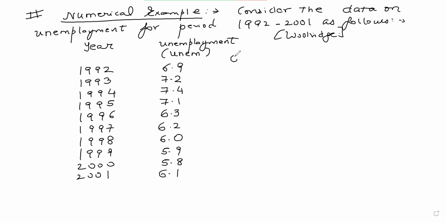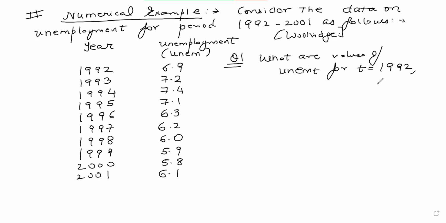First question asks us, what are the values of the unemployment variable for T taking the values 1992, 1993 and 1999? Very simple.